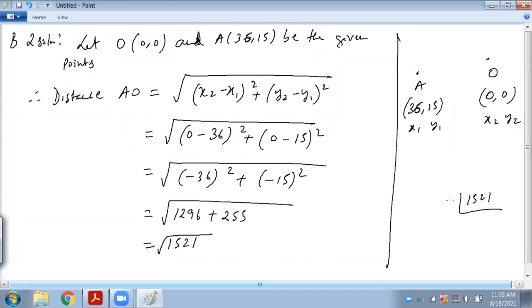Find prime factors. 3 into 13 is how much? 13.